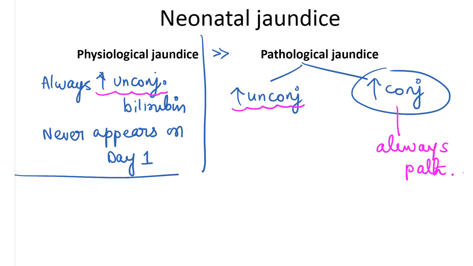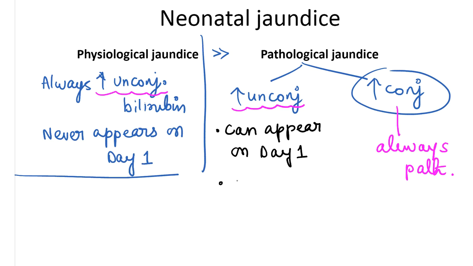Now, our only confusion is going to be, in case of an unconjugated bilirubin increase, whether it's physiological or pathological, and that is what we were discussing. What are the points for pathological unconjugated bilirubin increase? Number one, it can appear on day 1 of life itself. So any jaundice appearing on day 1 of life is pathological.